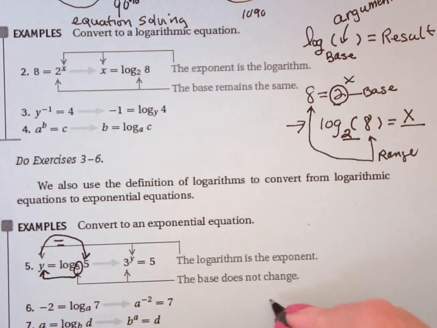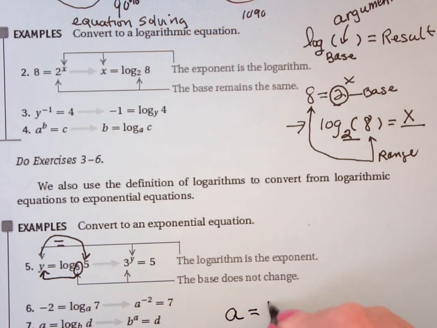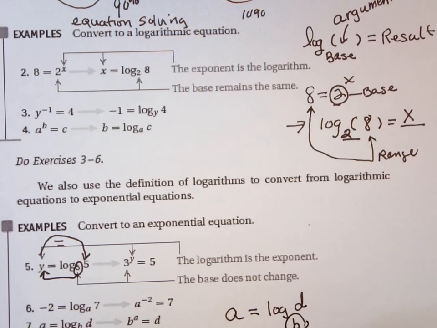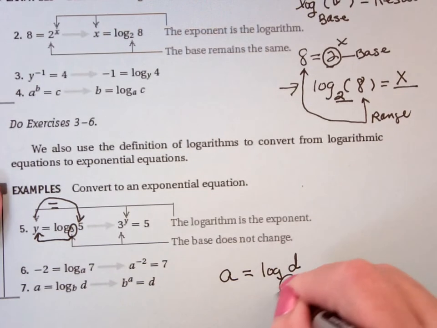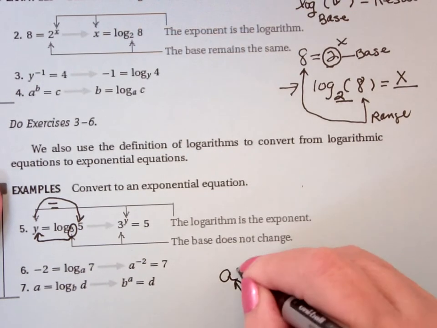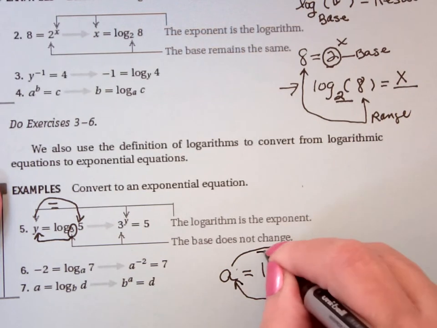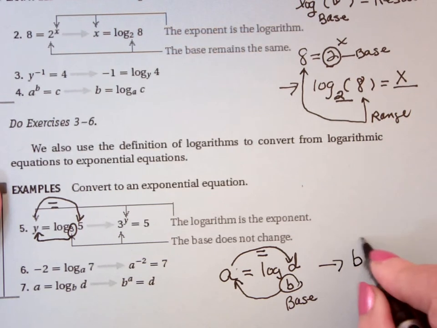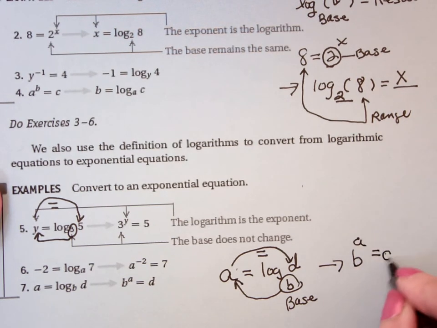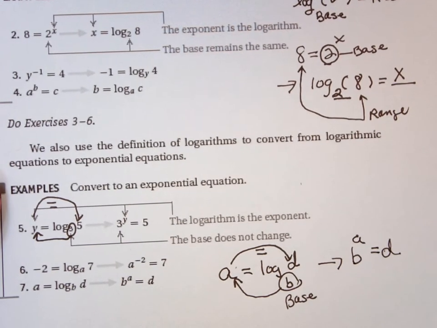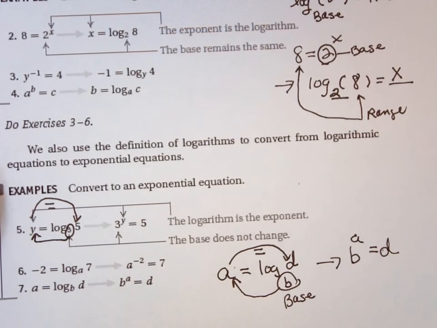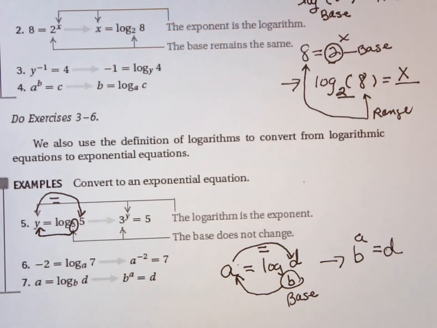So if I have, in this particular instance, A is equal to log base B of D, here's my base. So I start at the base. B to the A is equal to D. So the equivalent form is B to the A is equal to D. This you have to know how to do in your sleep, because that's the guy you're going to be using over and over again. Moving between notations.